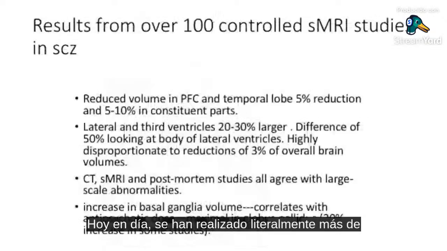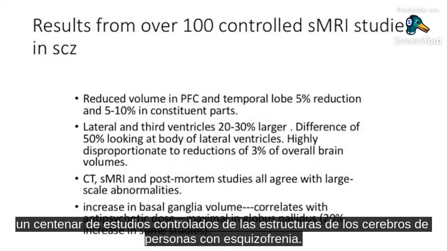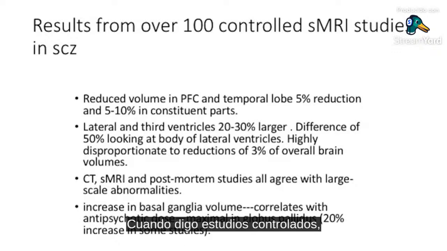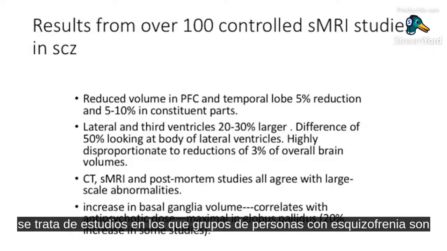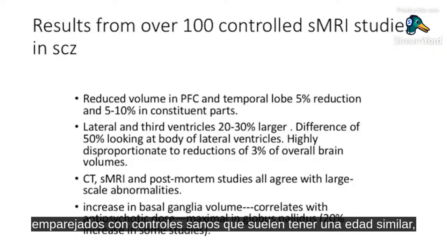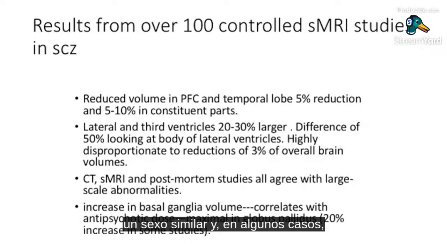To date, there have been literally over 100 controlled studies of the structures of brains of people with schizophrenia. When I say controlled studies, these are studies where groups of people with schizophrenia are matched to healthy controls who are typically of a similar age, similar gender, and in some cases of a similar educational level.